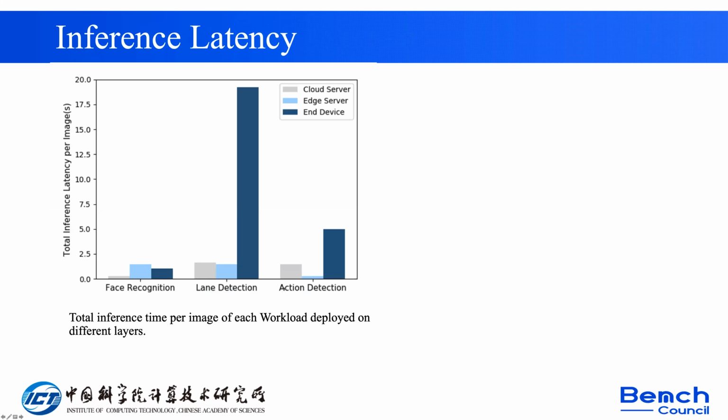We choose 3 tasks from our Edge AI benchmark, and run the inference on our experimental environment. This figure shows the end-to-end inference latency of each application deployed on different layers using the Edge AIBench application benchmark.